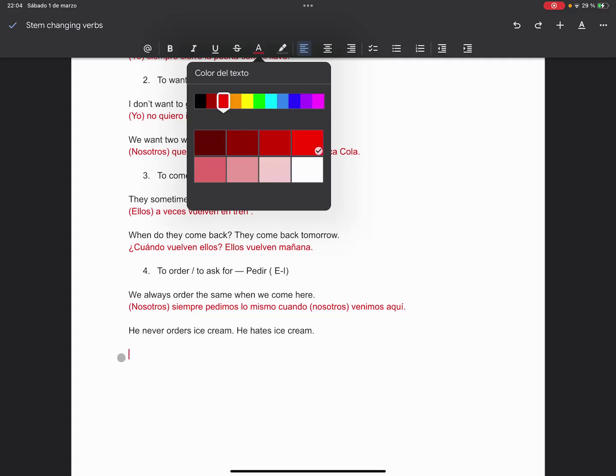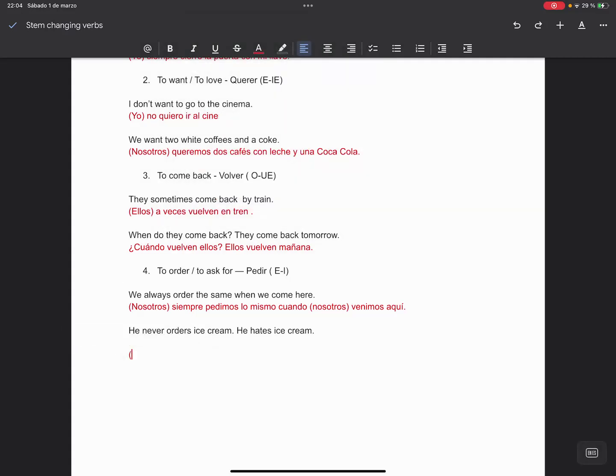Now, vale. He's a él, although that's optional. Never. Nunca. And now the verb pedir for a he. So that is inside of the boot. So the E becomes an I. Él nunca pide ice cream.